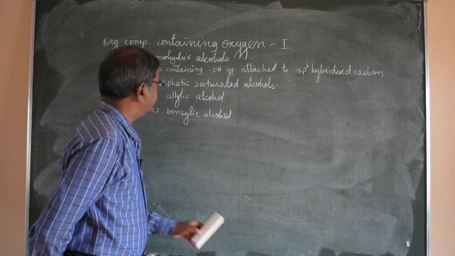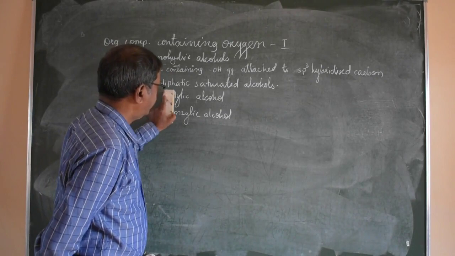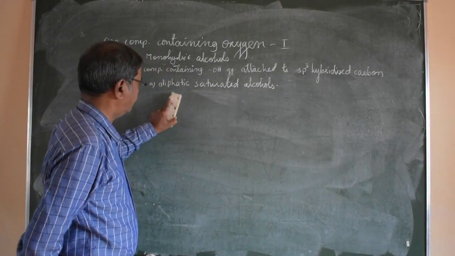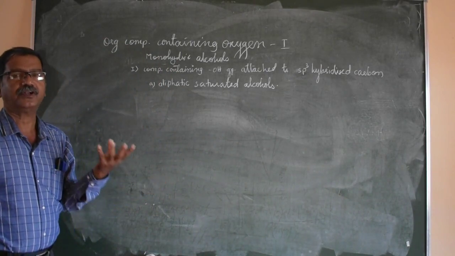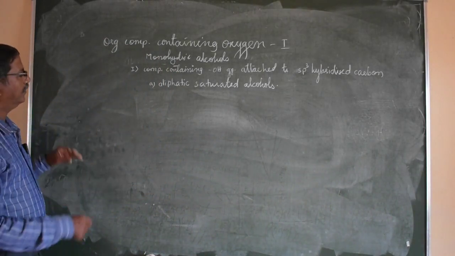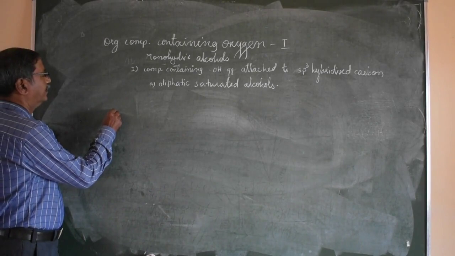Now, what are these? Aliphatic saturated alcohol. We know aliphatic compounds: aliphatic means non-cyclic compounds, they are not cyclic.